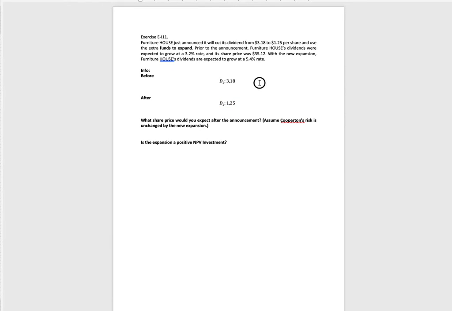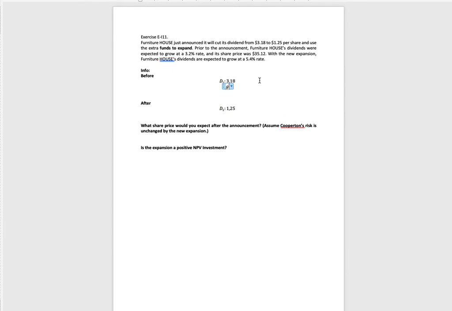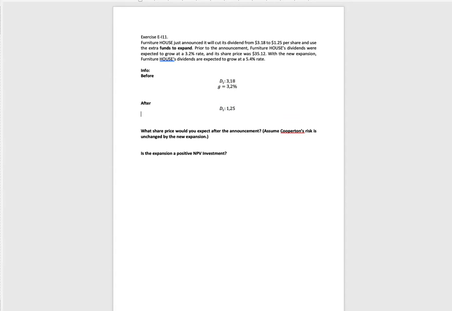However, the growth rate will increase from 3.2% to 5.4%, which is interesting because we want to find the best solution.